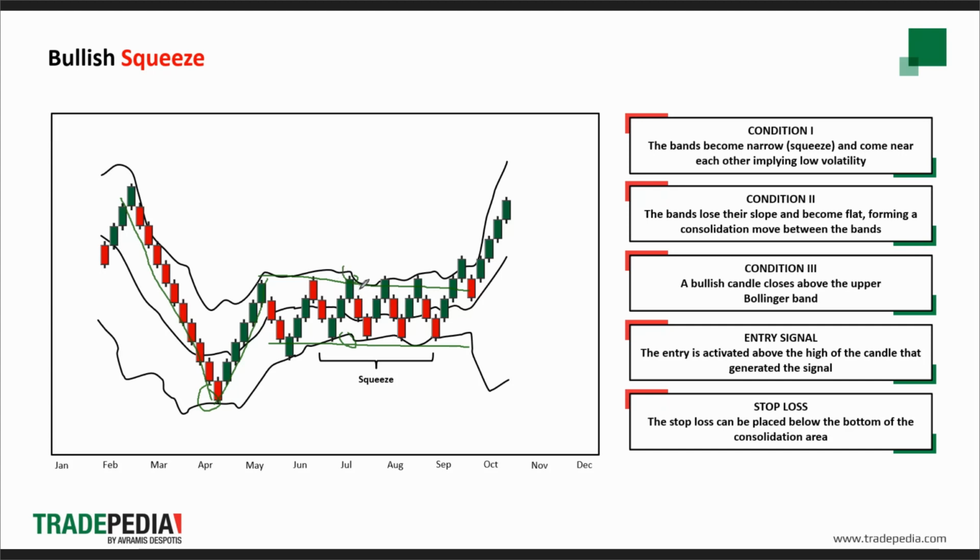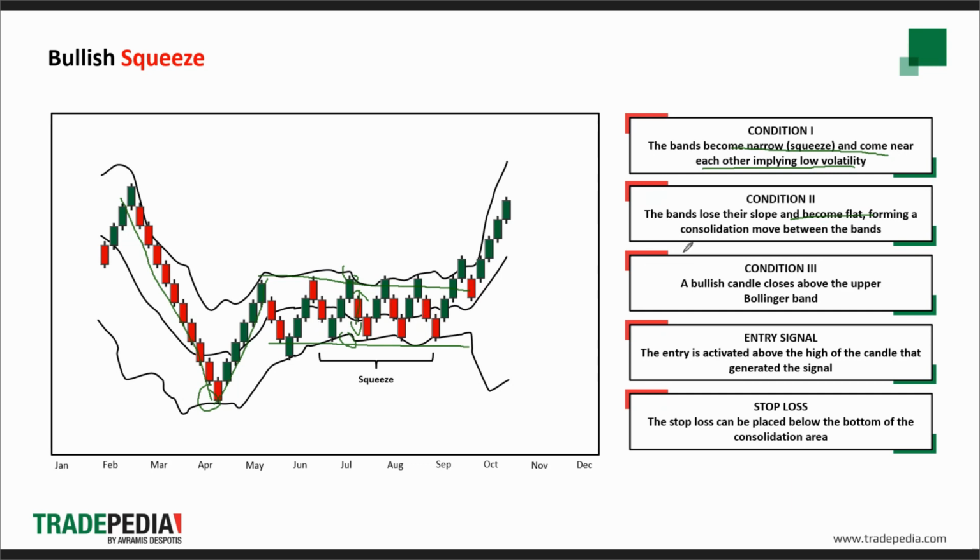When the distance between the bands is very near, we will have an idea that the price action is going to squeeze either to the upside or the downside. So the bands become narrow and come near each other, implying low volatility. The second condition is the band loses its slope and becomes flat.